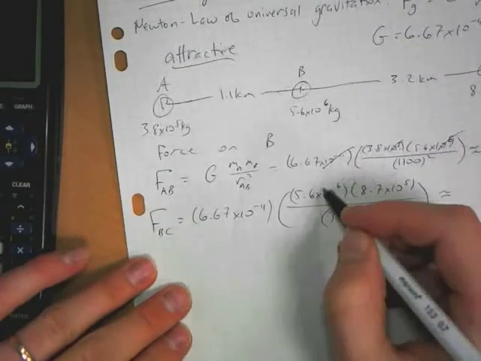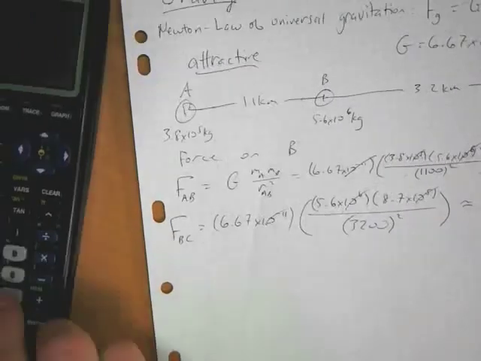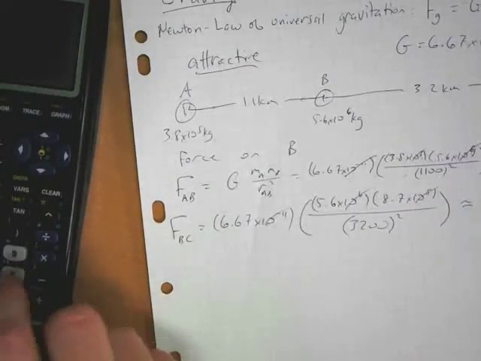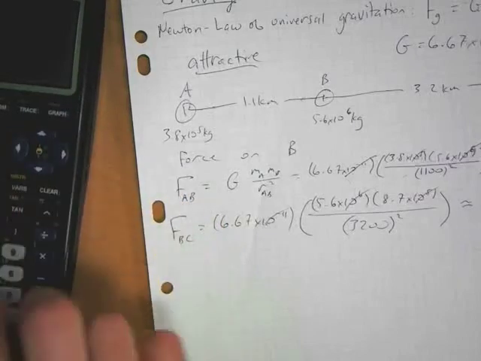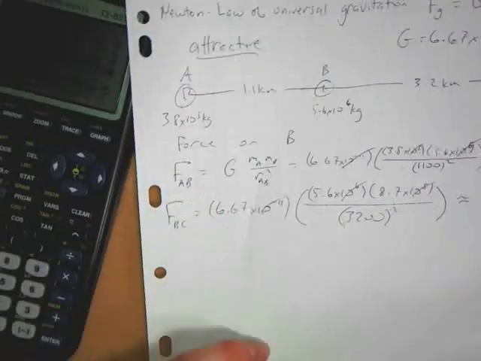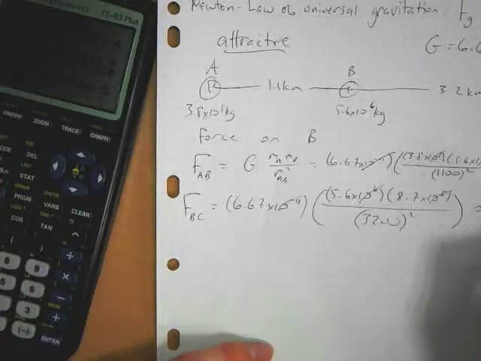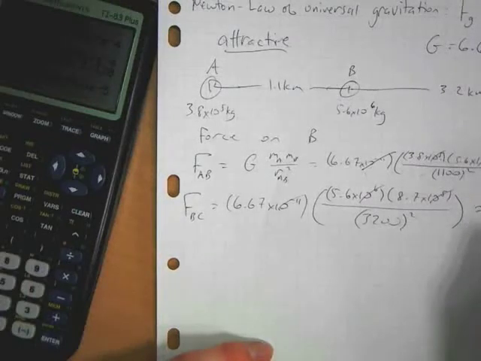And again, our powers of 10 cancel out. Let me punch that in. 6.67 times 5.6 times 8.7 over 3,200 squared. And we get that this is 3.17 times 10 to the minus 5th newtons.